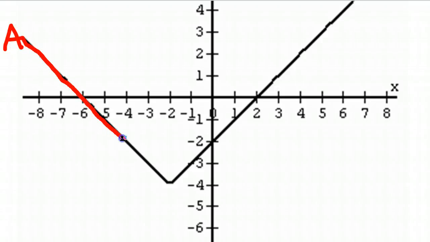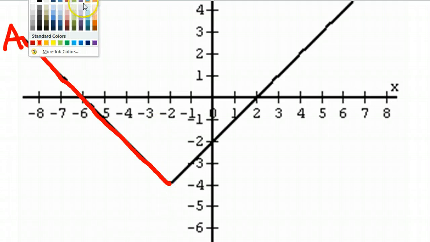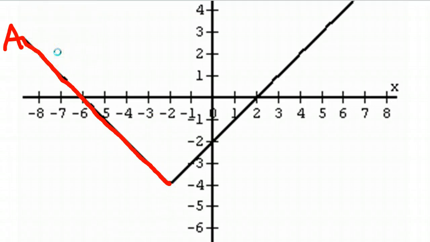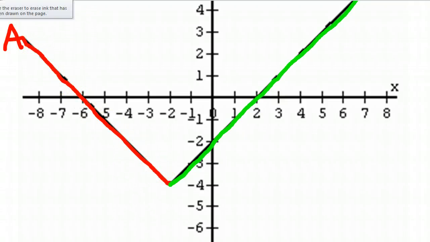But then you change directions, and all of a sudden you're going uphill, like this. So the downhill part of the journey is going to be decreasing, and the uphill part of the journey is going to be increasing.